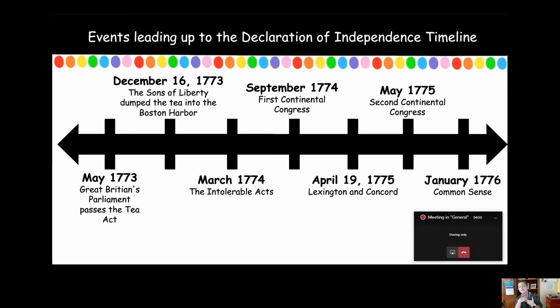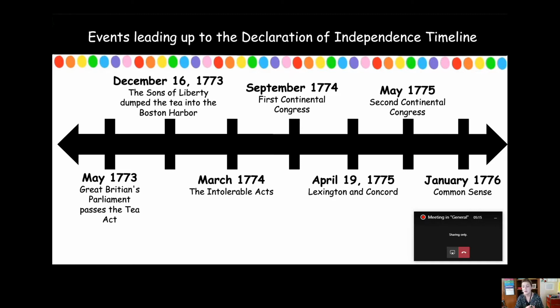So in December 16th of 1773, the second date that we have on our timeline, the Sons of Liberty, who are kind of our modern day activists, they are fighting for something that they believe in. So they are doing their own form of protesting by dumping 342 crates of tea into the Boston Harbor. They were dressed as American Indians when they did this.